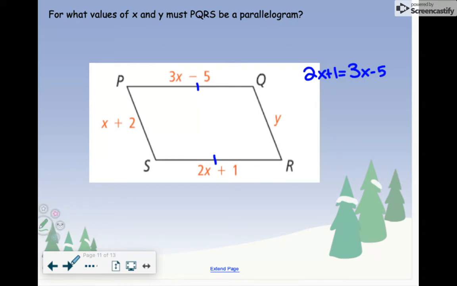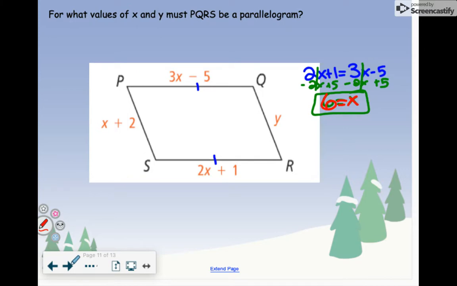I'm going to subtract 2x over here and add 5 over there. 5 plus 1 is 6, which is equal to x. So we have now found what x is. We've already done some of the problem. So x is equal to 6.